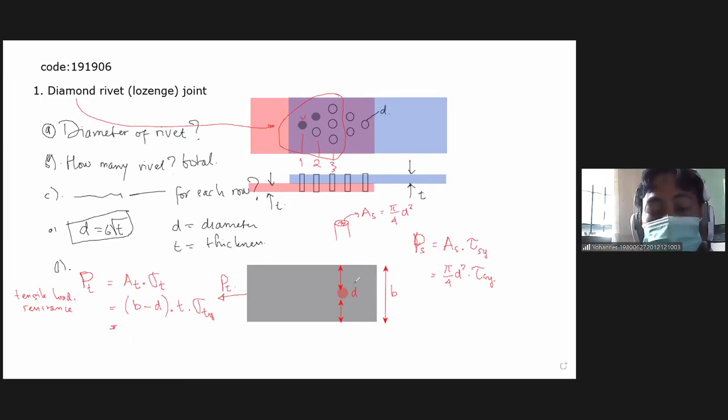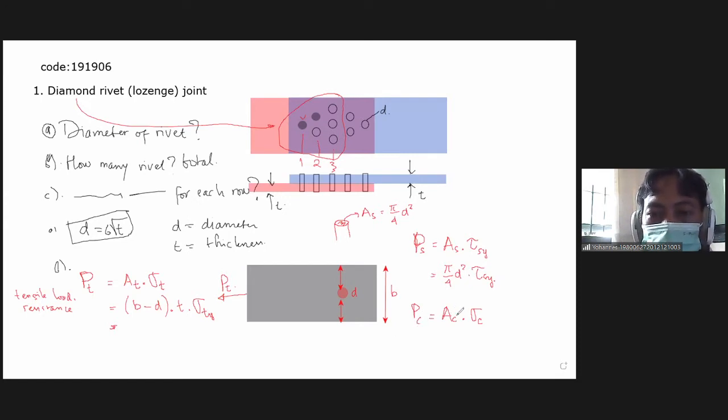Next, both the rivet and the plate can fail under the crushing load. In the previous meeting, we discussed that the crushing load is the crushing area times the compression strength, or bearing strength, of the material.